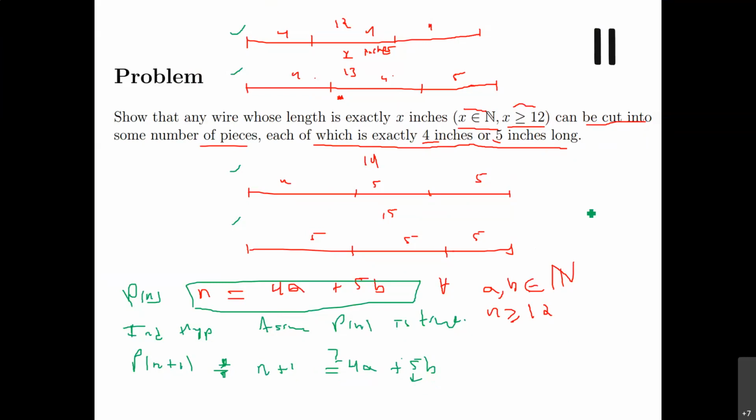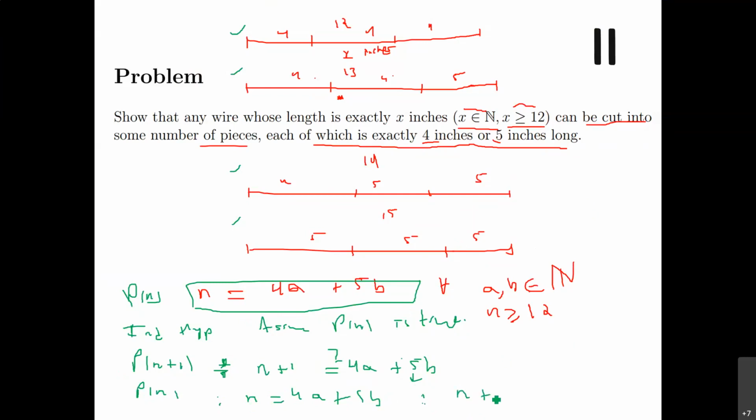When I look at this, I'm gonna scratch my head a lot because seriously, I can't find a way to think through this. We do know that P of n is true, so we know that n can be written as 4a plus 5b. So the best thing from here is, hey, add 1 to each side.